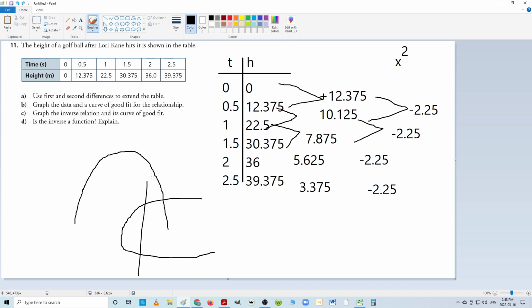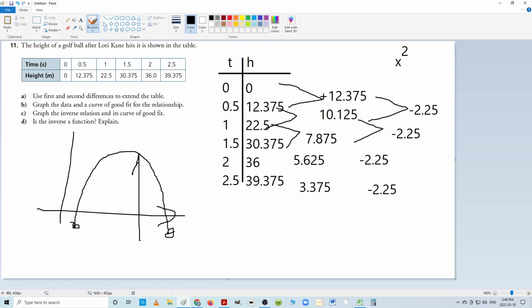However, if you consider that the only part of this that matters is from the positive time and the positive height, then for the sideways function, you might be able to argue that the domain of this will be from wherever it rises to wherever it lands, so 0 to wherever it lands.